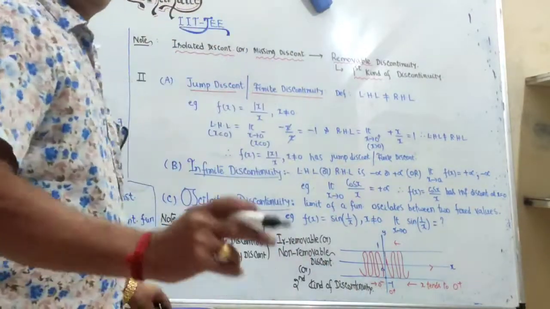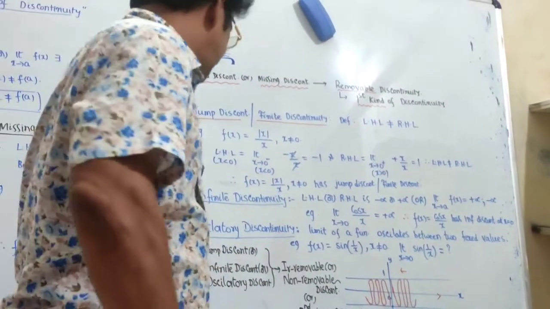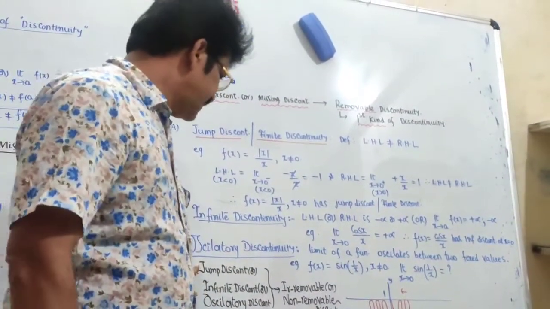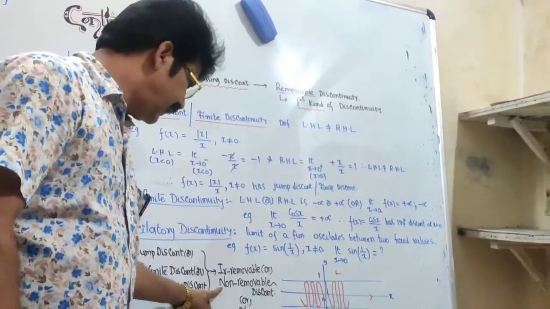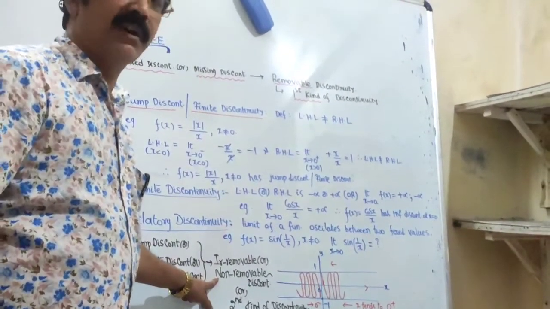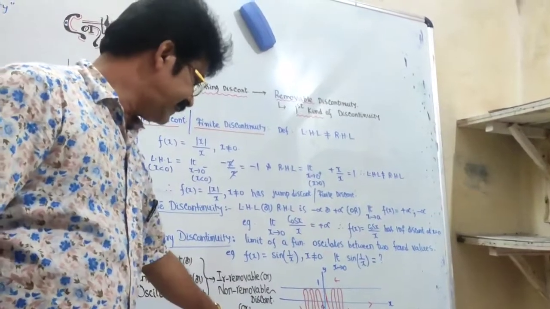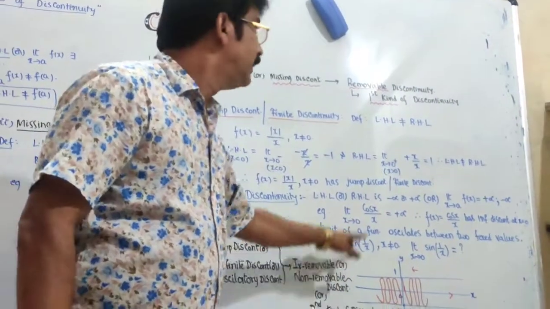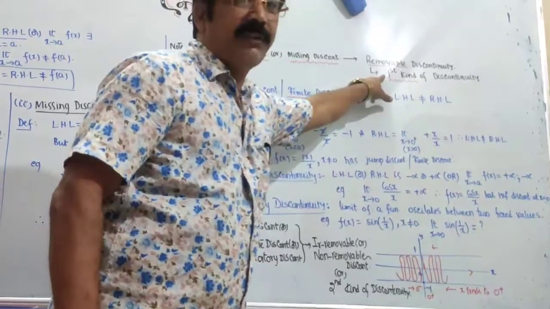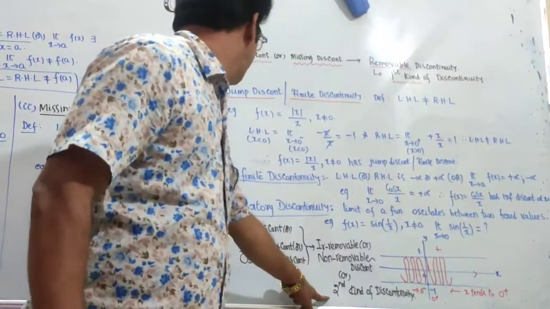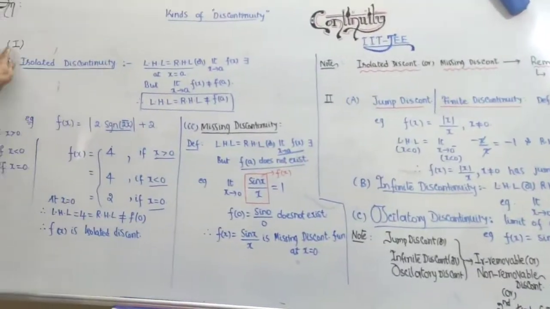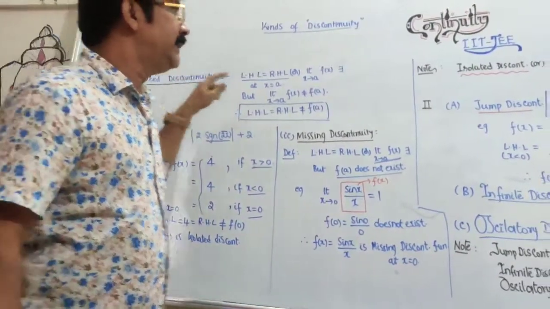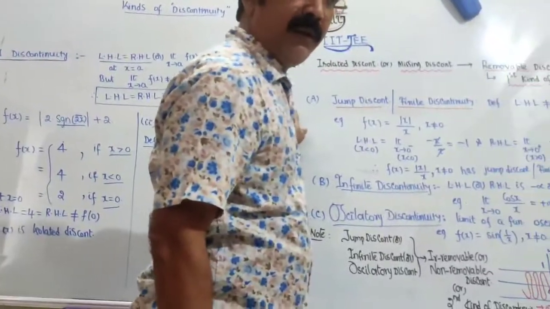Here, if the given function is jump discontinuity, then it is called irremovable or non-removable discontinuous function, or simply the second kind of discontinuity. That one is the first kind, this one is the second kind. First I said in Roman number 1, second in Roman number 2.